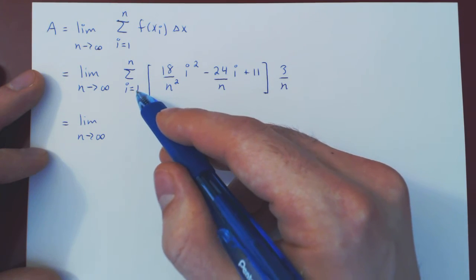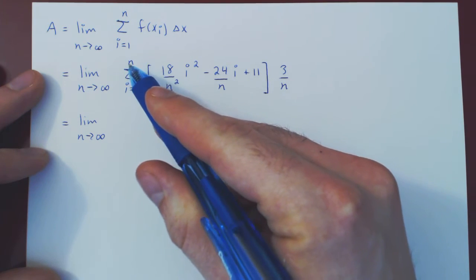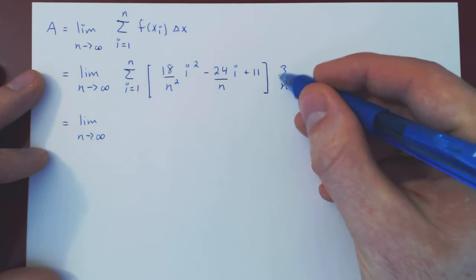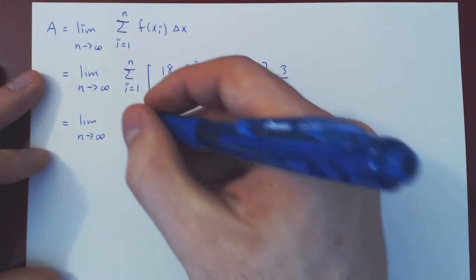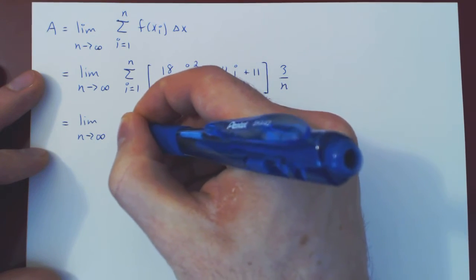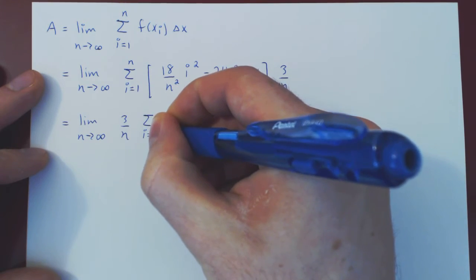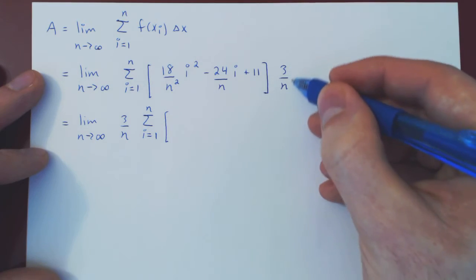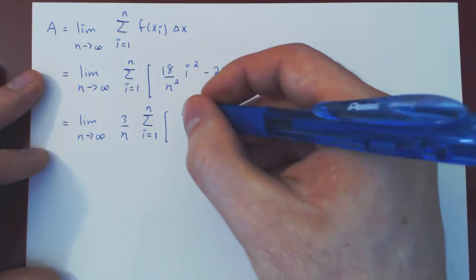So i changes from 1, 2, 3 up to n, but n is fixed, n is the number of rectangles. So we can pull the constant term 3 over n outside of the summation. That is the first property of sigma notation. We can move constants in and out of the sum. Here we're moving the constant with respect to i outside of the sum.